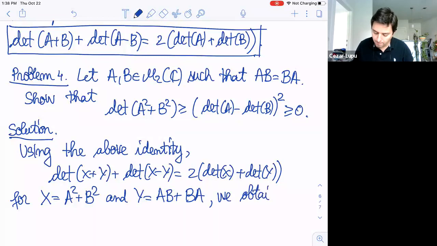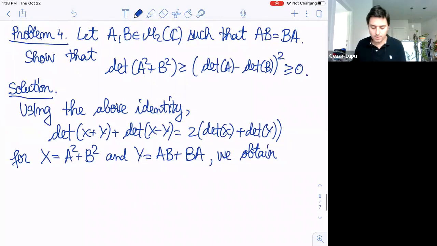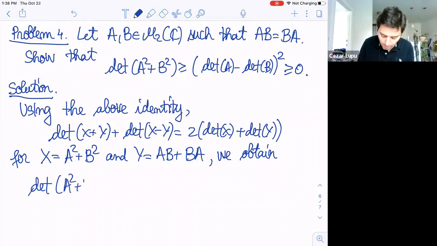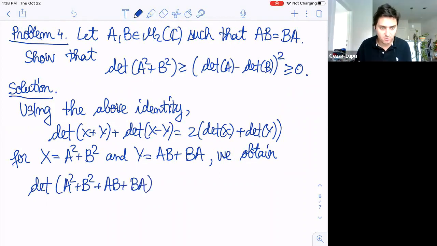We obtain that the determinant of A squared plus B squared plus AB plus BA. You'll see why I did this. Maybe this will ring a bell. Plus the determinant of A squared plus B squared minus AB minus BA.